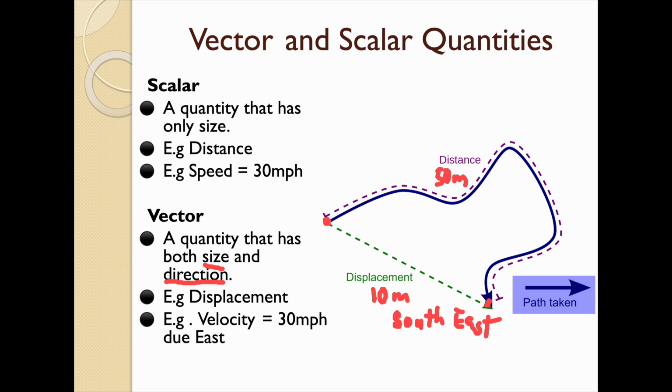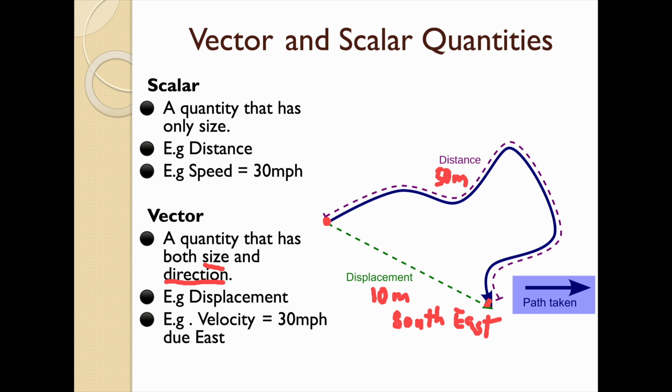We're not going to get into the specifics because this isn't physics. But the displacement part of it divided by time gives us velocity. Velocity cares about the direction. So if we say we're going 30 miles per hour due east, now we're talking direction. So you can see what direction the body is going in, whereas speed is just the size.